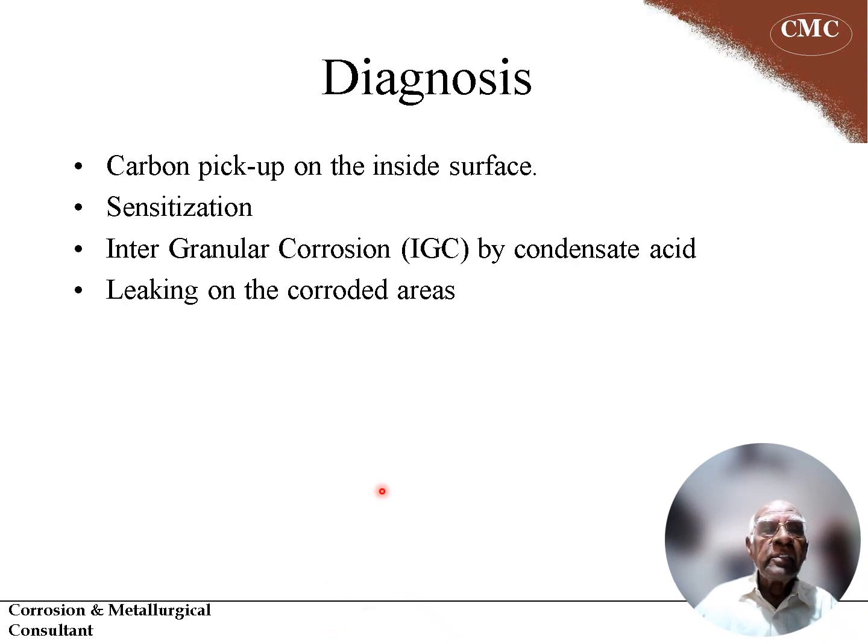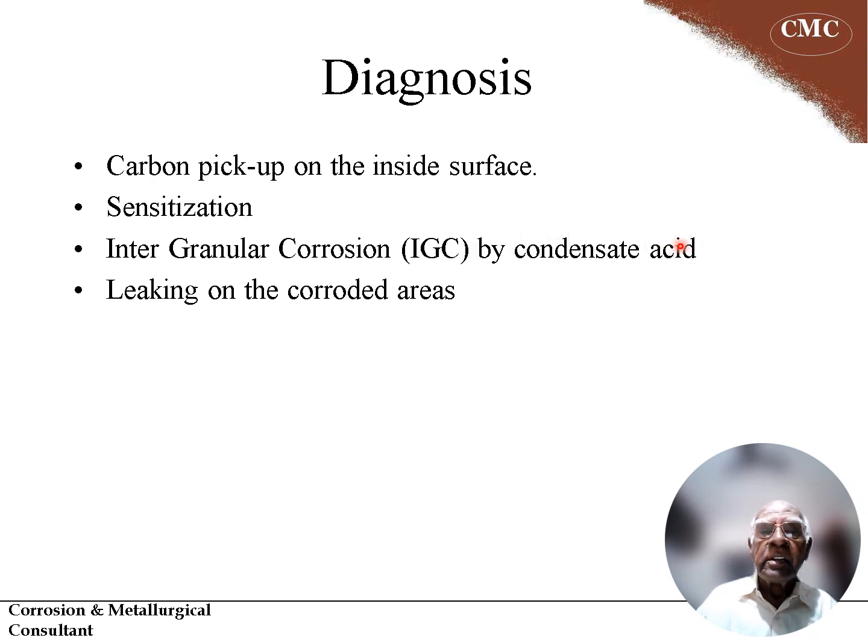So the diagnosis: originally the tubes are defective. The carbon pickup is leading to intergranular corrosion, and that carbon pickup happens during manufacture. So it is a quality issue. Because of carbon pickup, the tube structure has become sensitized. Sensitization means it becomes susceptible to localized corrosion, in this case intergranular corrosion. That is what has occurred by the condensate acid.